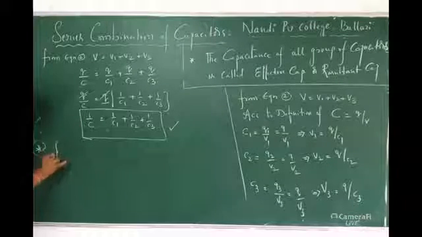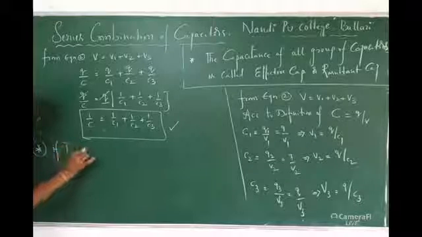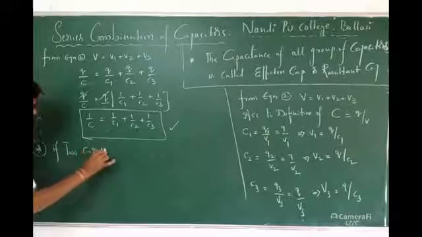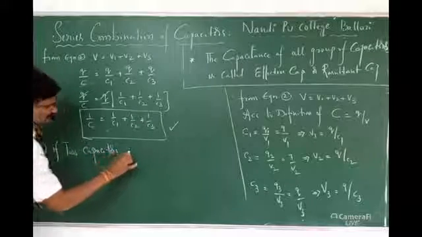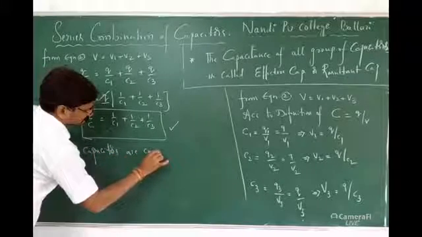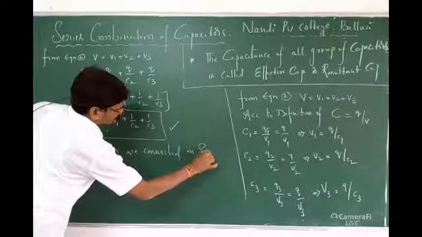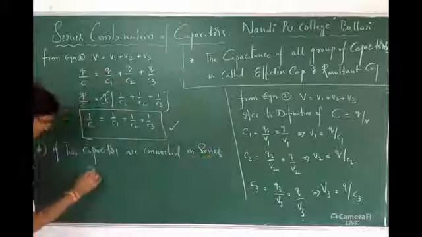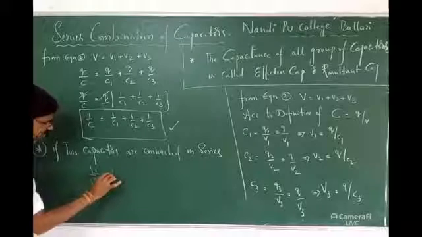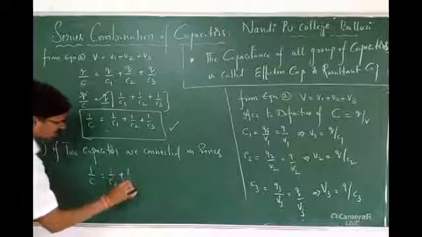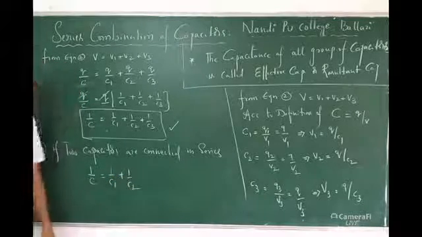If 2 capacitors are connected in series, 2 capacitors means what will come? 1 by C is equal to 1 by C1 plus 1 by C2. That's it.